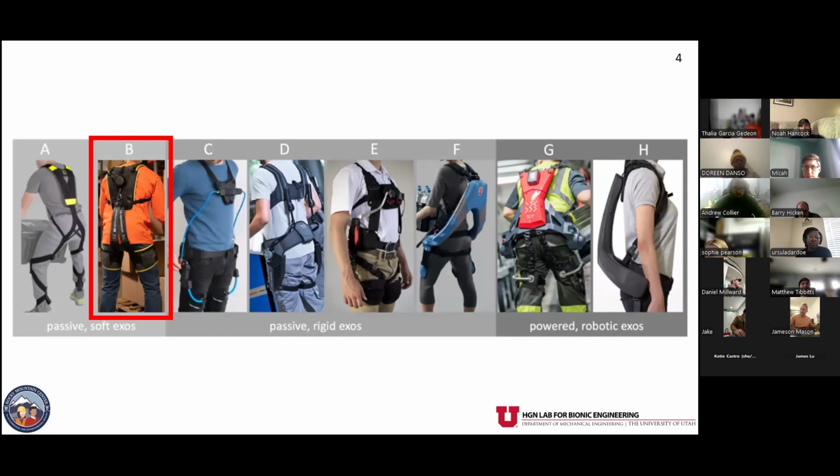In the middle region, you also saw before, more rigid components. And off to the far right are fully powered robotic exoskeletons, which we develop in our lab, which is really cool. But we'll just be focusing on B for the rest of this.